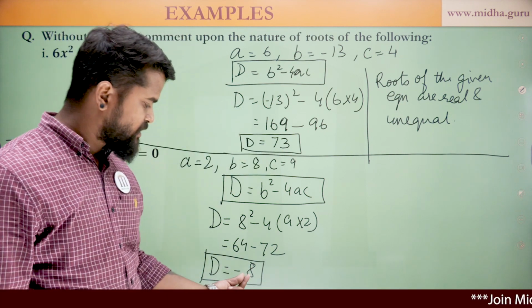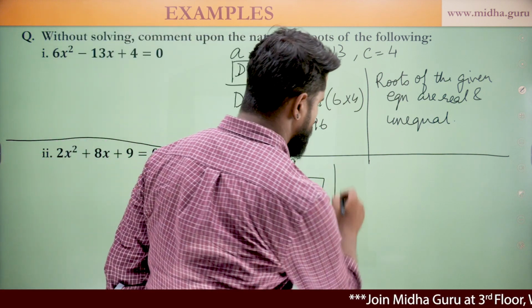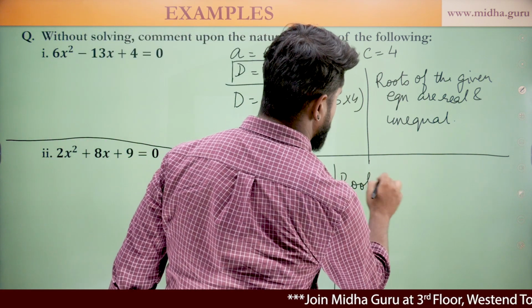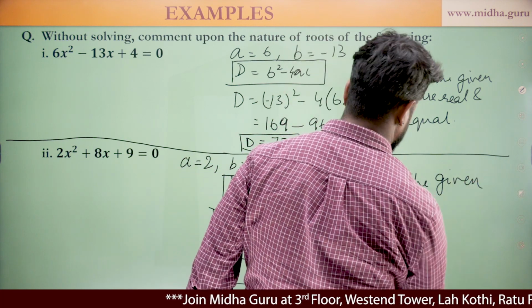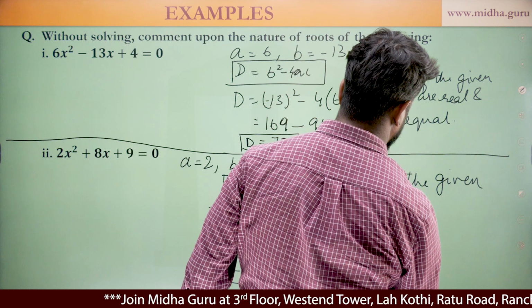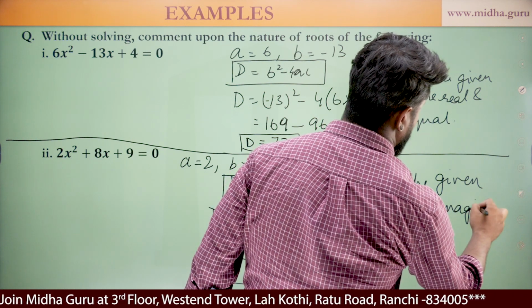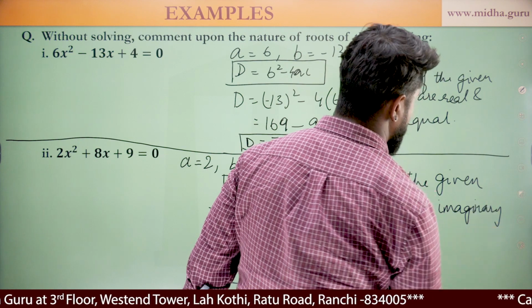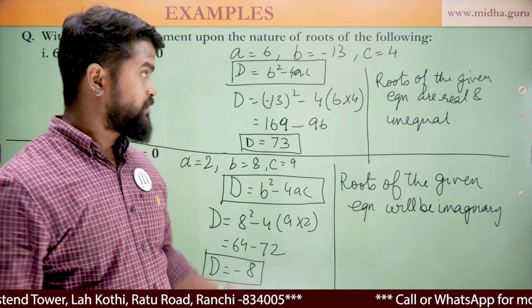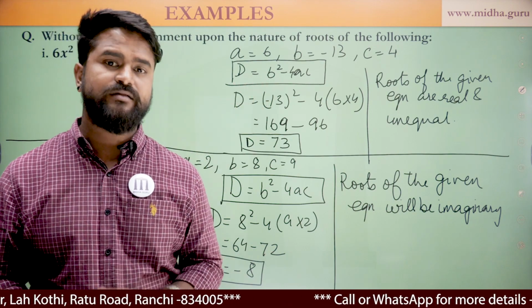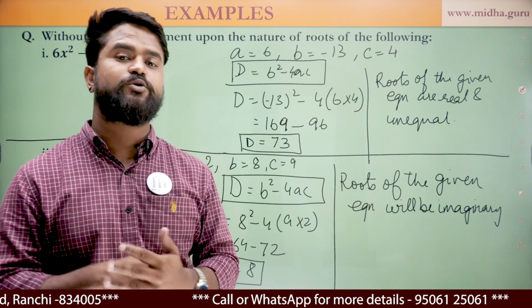And we know that if the discriminant is a negative number, its square root is going to be imaginary. So the roots of the given equation will be imaginary.